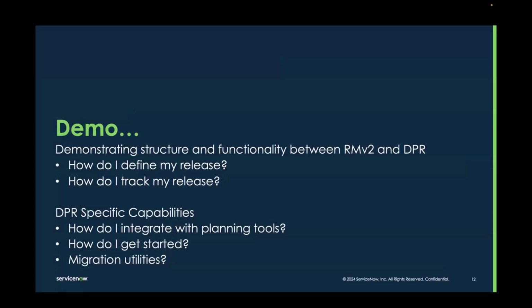And then we'll go into some DPR specific things. So how do we integrate with planning tools or other tools on the software development side? Just how would I get started? What does it look like to get started? And then also we're going to go over a bit of the migration utilities to help customers move from Release v2 into DPR, because again, they can live side by side.